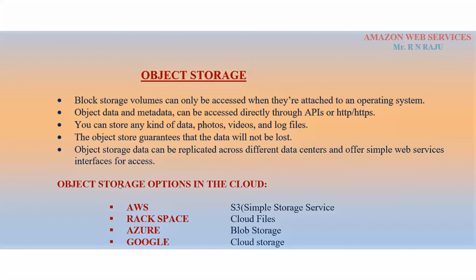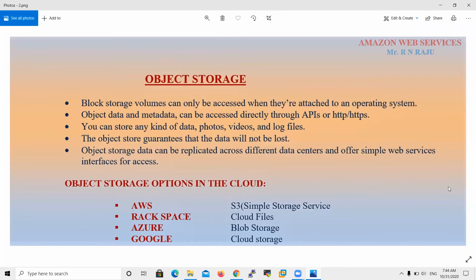Finally, object storage options in the cloud: AWS S3, Rackspace Cloud Files, Azure Blob Storage, Google Cloud Storage. So these are the differences between object storage and block storage. A repeated question, please remember everyone. Object storage and block storage.